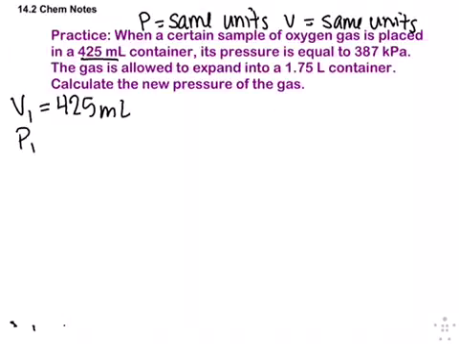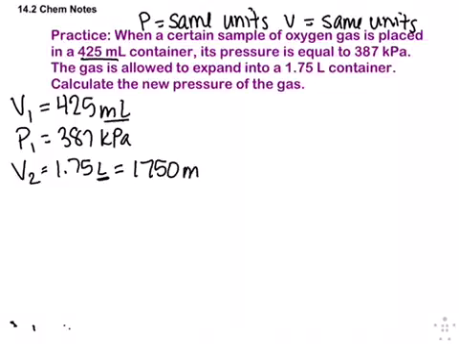Its initial pressure is 387 kilopascals. I would say those should be our goal units for P2, V2. Our second volume is 1.75 liters, but like I said, we need to have the units be the same.